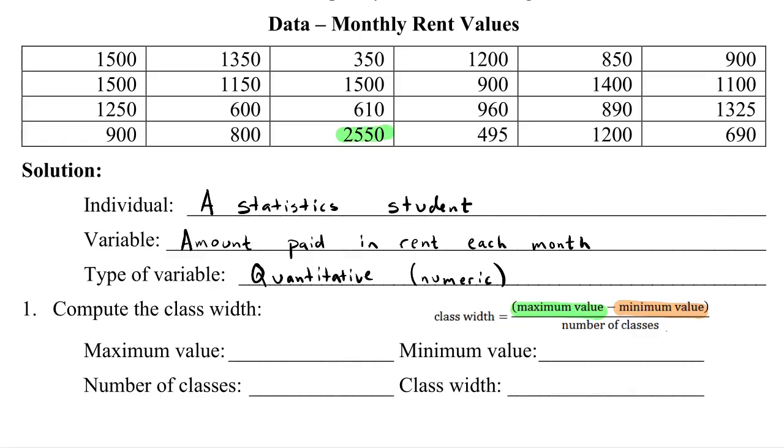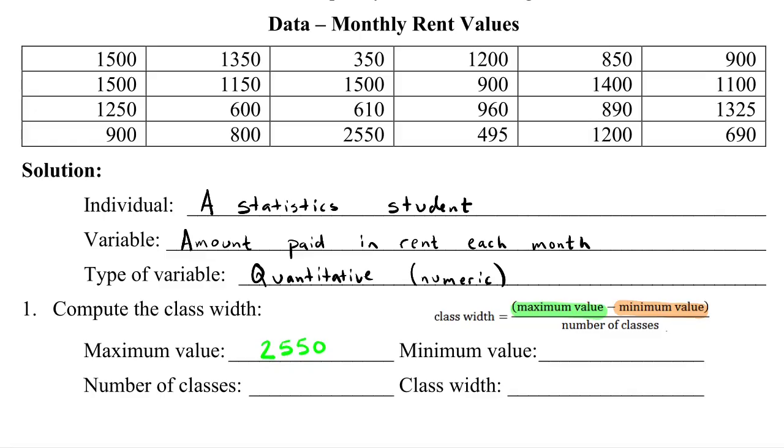And now I'm going to look through the table systematically and see if I can find anything bigger. Looking down the list, nothing bigger than 2550. Still nothing bigger. I didn't find anything bigger than 2550, so that really is the maximum value. I'm going to write that down as my maximum, 2550.